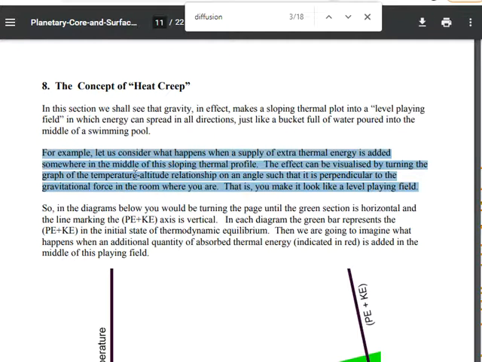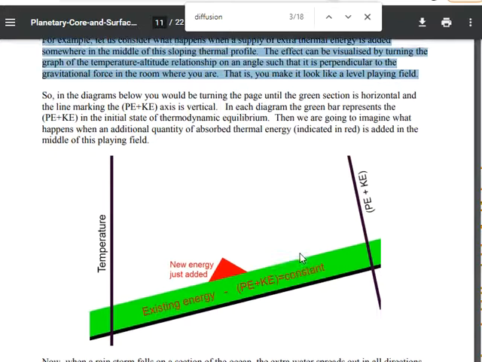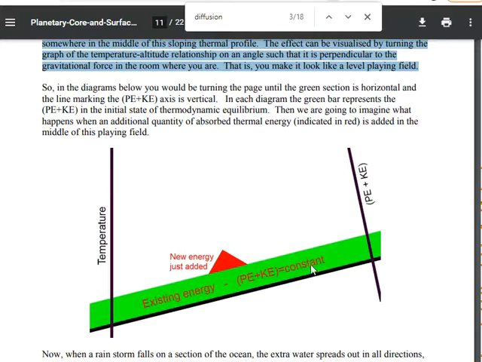For example, let us consider what happens when a supply of extra thermal energy is added somewhere in the middle of this sloping thermal profile. The effect can be visualized by turning the graph of the temperature-altitude relationship on an angle such that it is perpendicular to the gravitational force in the room where you are in."